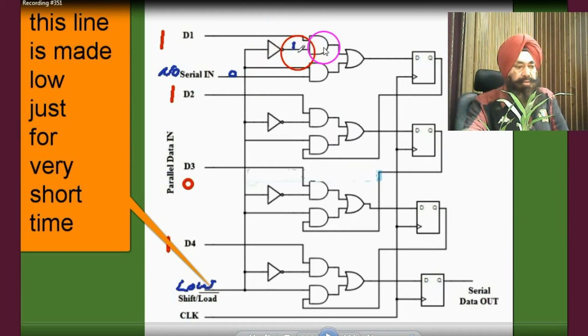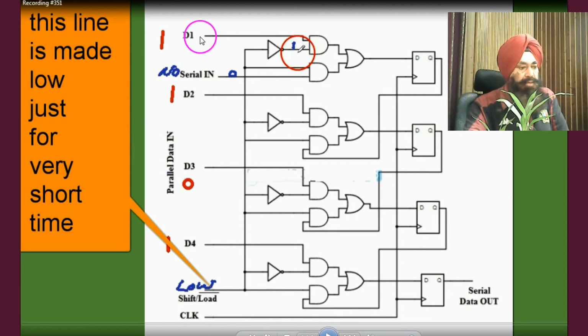Here, the system has two AND gates and an OR gate, and one NOT gate, connected to each D flip-flop, and a clock pulse can be given simultaneously to all the flip-flops.